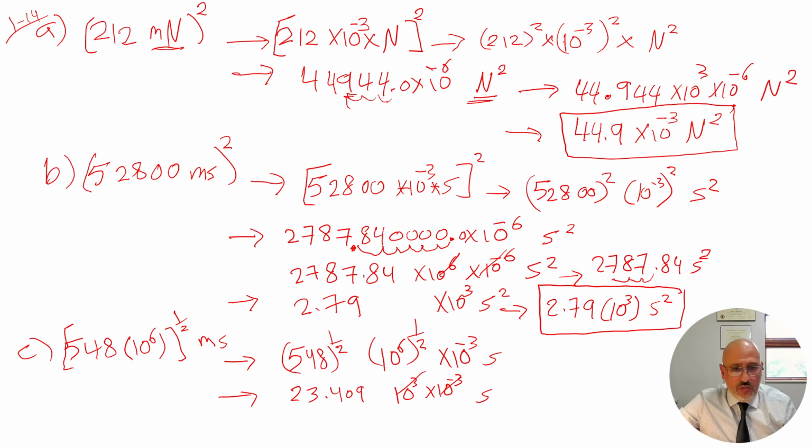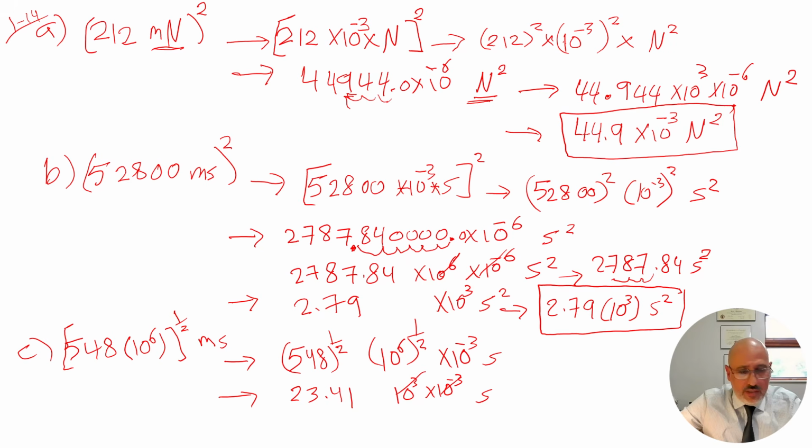Now this is 1, 2, 3, 4, 5 significant figures. We need to do rounding and have only 3 significant figures. So the 0 can be rounded to 1 because to its right is a number larger than 5, which is the 9. So I can do that. Let's erase the 9 and erase the 0, and we can replace it with a 1.